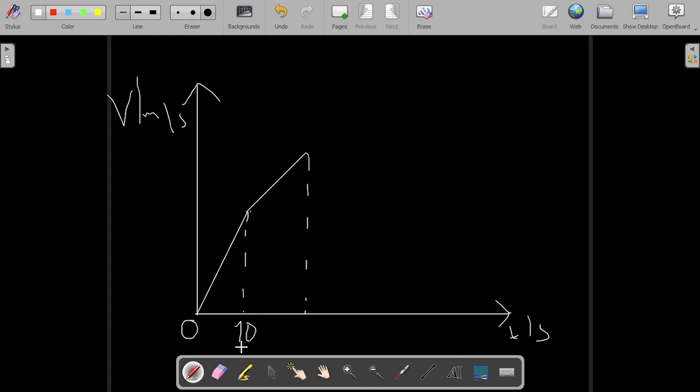It continues at a constant speed for 70 seconds. We've learned that it implies it's not accelerating, at a constant speed like this, for 70 seconds.